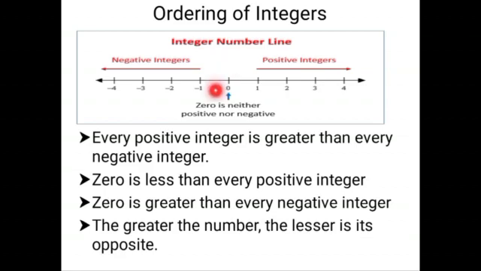And 0 is less than every positive integer because it is on the left side of all positive integers. And 0 is greater than every negative integer because 0 is placed on the right side of all the negative integers. And you have to know that the greater the number, the lesser is its opposite.